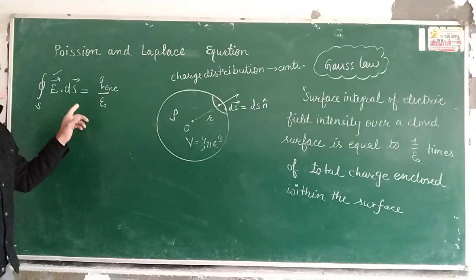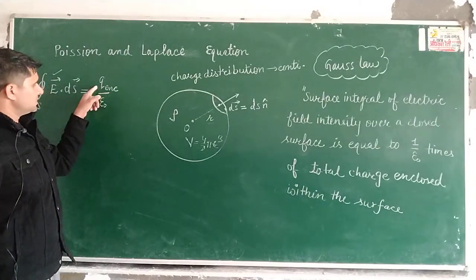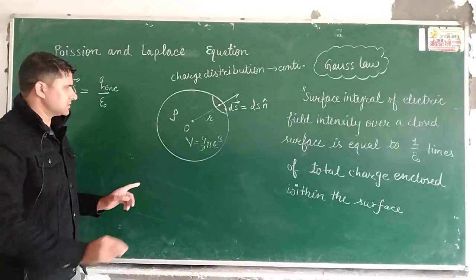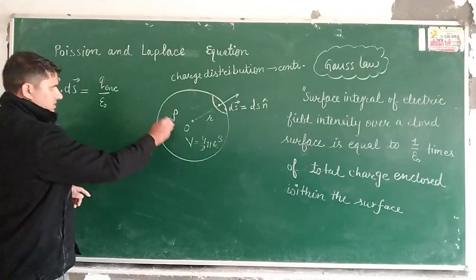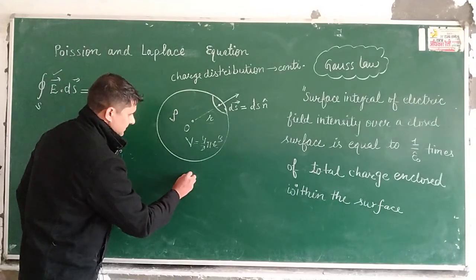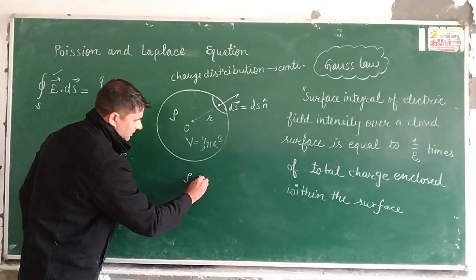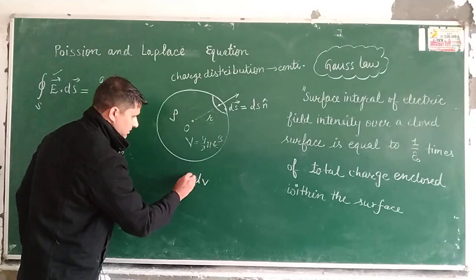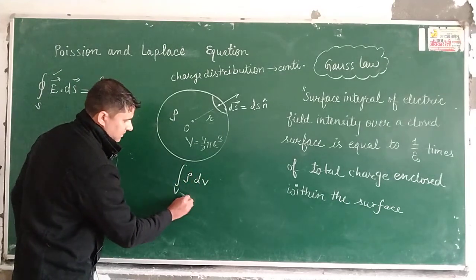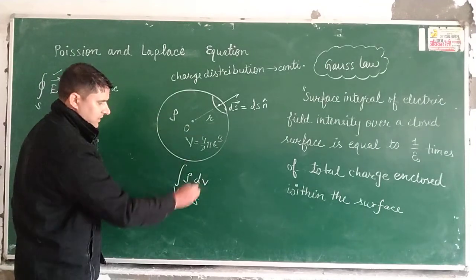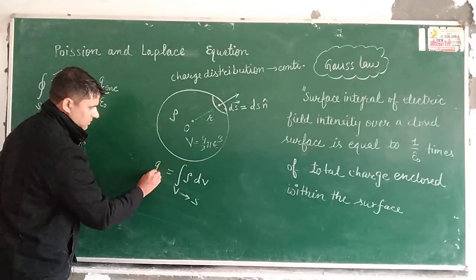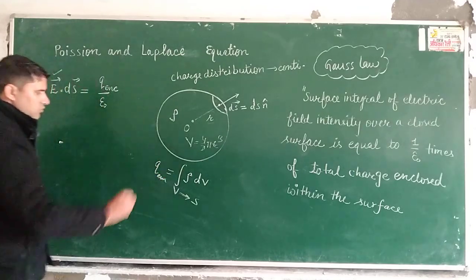How can we connect this charge enclosed within the closed surface and the charge density? The total charge enclosed within this surface can be given by the volume integral of this charge density over the volume V enclosed by the closed surface S of radius r. So this will give us the charge enclosed.